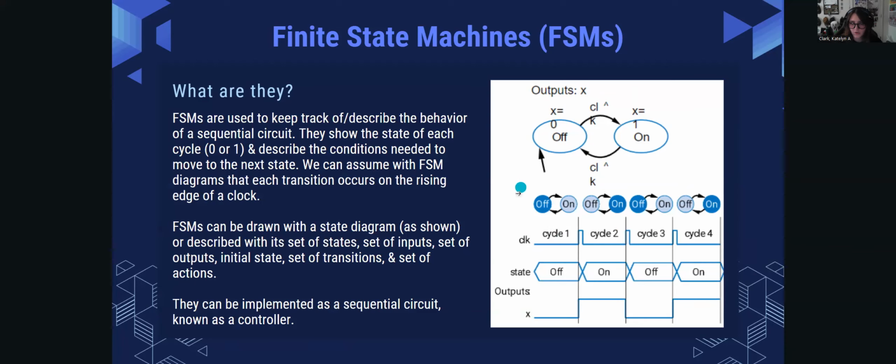Or if you want to describe them in words, you have to tell what the set of states is. And by set, I mean like in CSCE 222, a curly bracket set. So you describe its set of states, its set of inputs, its set of outputs, its initial state, the set of transitions, and the set of actions. And you can implement an FSM as a sequential circuit, which is also known as a controller.